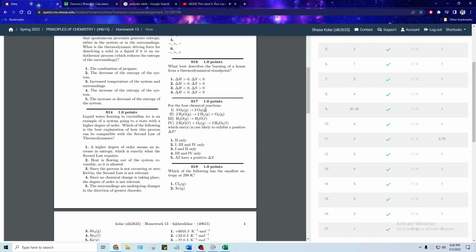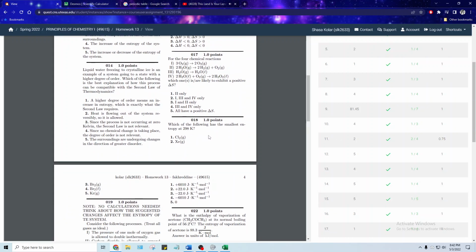More moles of gas equals more disorder. So this delta S is actually negative. Here, we're gaining a single mole of gas, so our delta S is positive. Here, gas to liquid is delta S negative, and gas to liquid is delta S negative, so it's going to be number 2 only. So number 17 is 1.